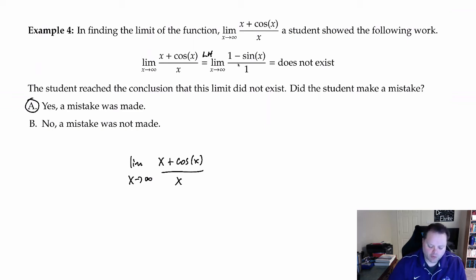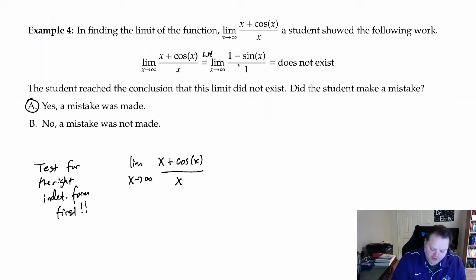If you look at the original part, I've got a test for the right indeterminate form first, right? That's the first thing I have to do: determine, can I just directly substitute this in and get the correct form to apply L'Hopital's rule? And the answer is no, because you get infinity plus cosine of infinity over infinity.